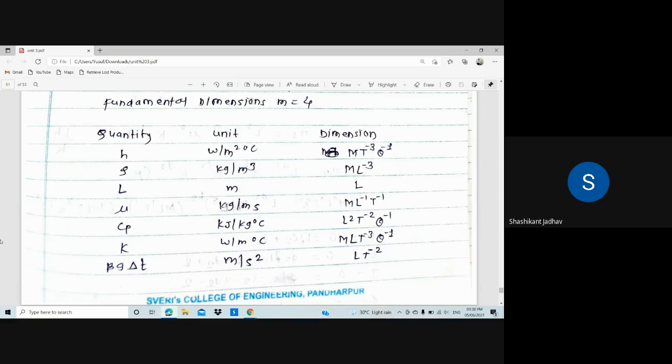So all of you write down the unit of each quantity on your own, then write down the dimension of each quantity on your own.